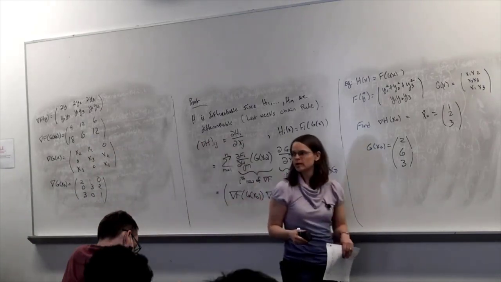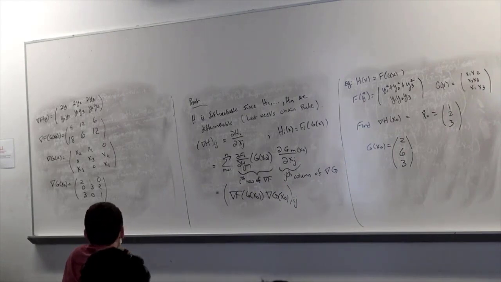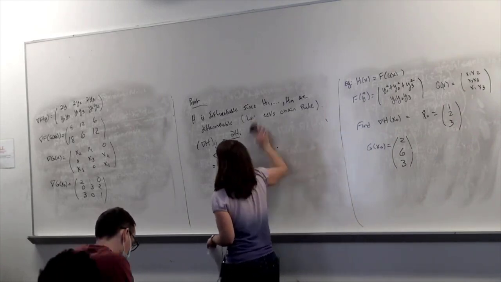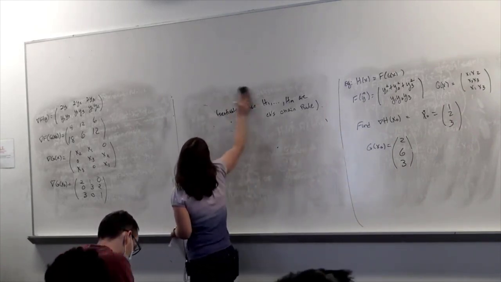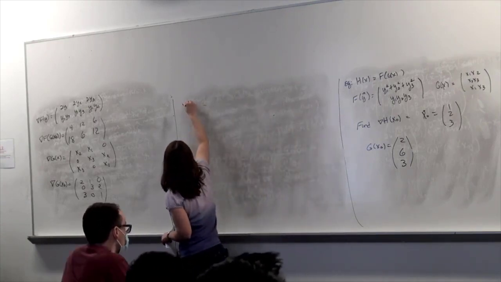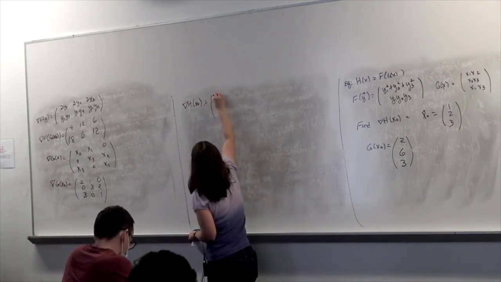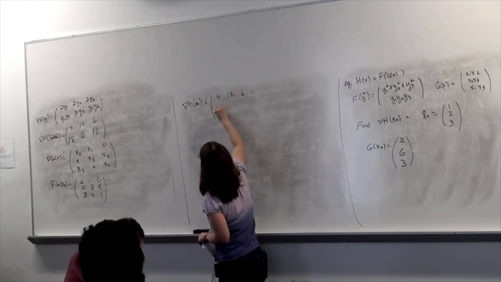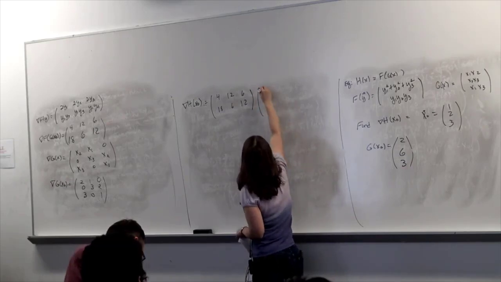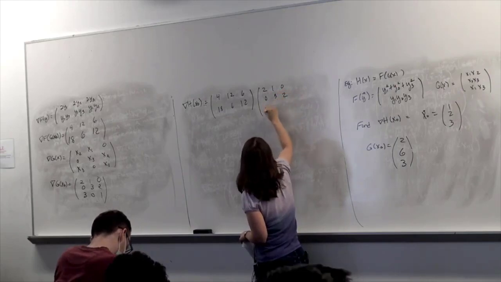Right, and those are all the building blocks we need in order to compute the Jacobian of H to do our chain rule. So now our Jacobian of H at our reference point x naught becomes, well, the Jacobian of F, that was this matrix, 4, 12, 6, 18, 6, 12, times the Jacobian of G, 2, 1, 0, 0, 3, 2, 3, 0, 1.